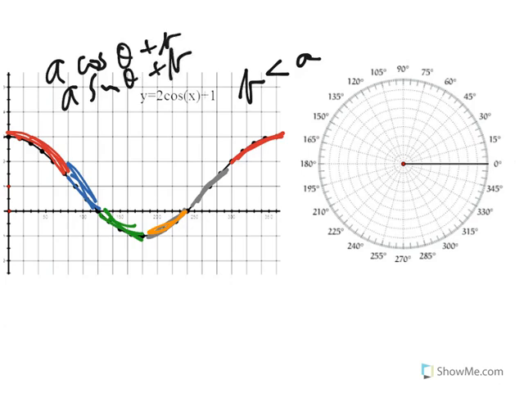Now, when b is less than a, the curve goes below the x-axis. That's going to cause an inner loop in the polar picture. So let's take a look. Here is 0. That's 0, 3. So I'm going to graph 3, 0 somewhere over here.